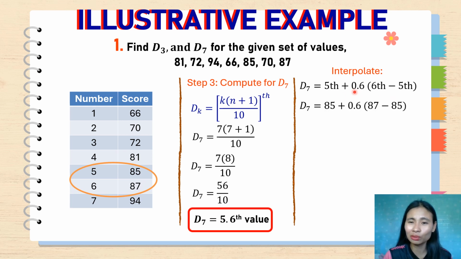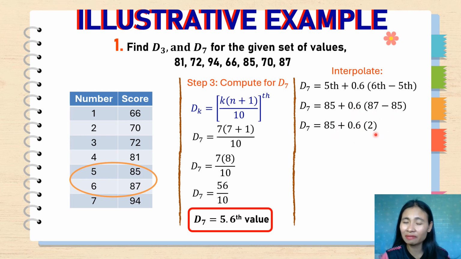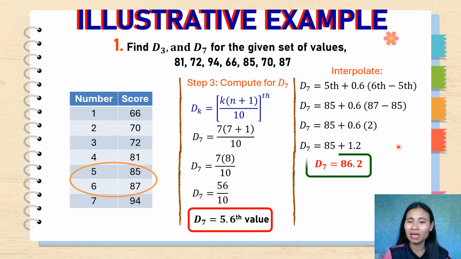This is equal to the fifth value, 85, plus 0.6 times the sixth value, 87, minus the fifth value, 85. That makes it 85 plus 0.6 times 87 minus 85, which gives you 2. And 0.6 times 2 is 1.2. So 85 plus 1.2 gives you 86.2. So the value of the seventh decile is 86.2.